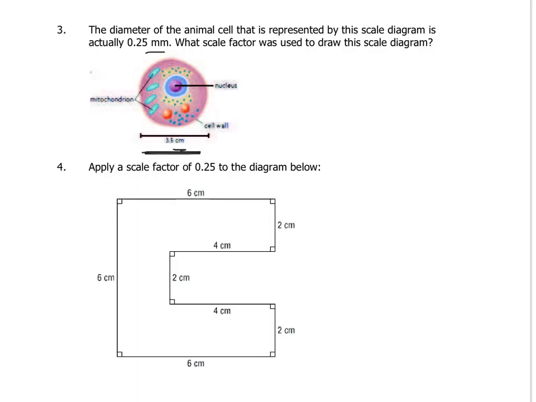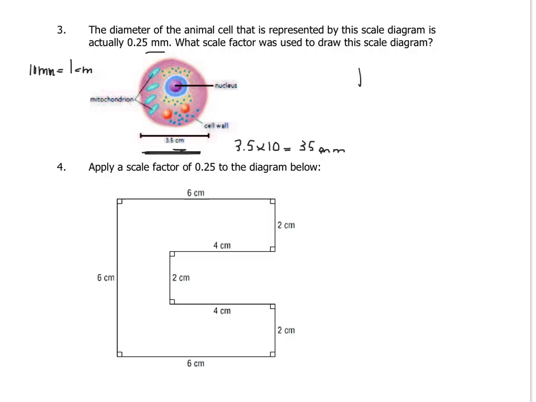So I'd first change both to the same units. There are 10 millimeters in 1 centimeter, so it's easier to change 3.5 centimeters to millimeters: 3.5 centimeters times 10 is 35 millimeters.